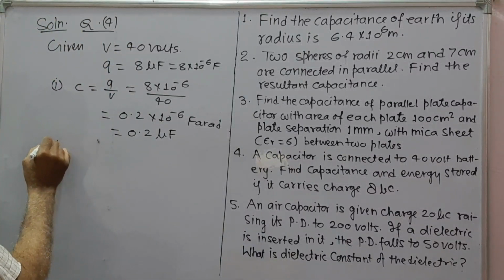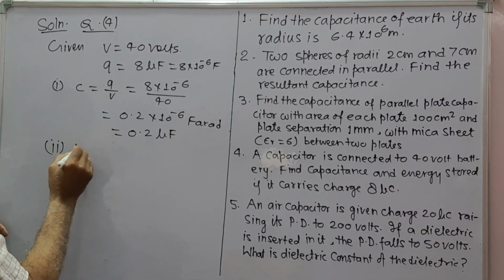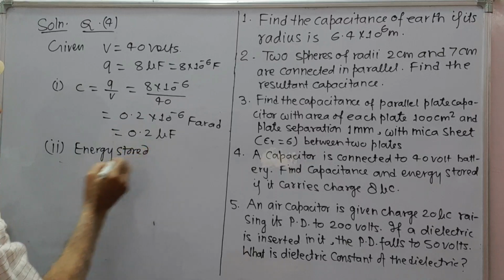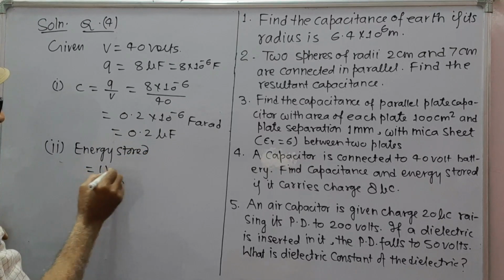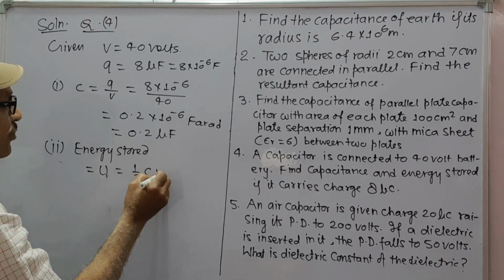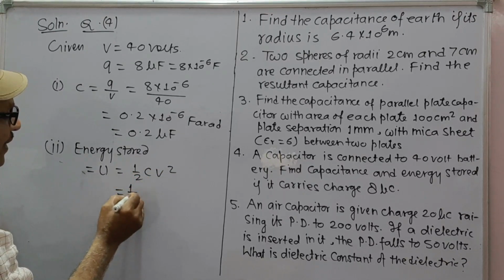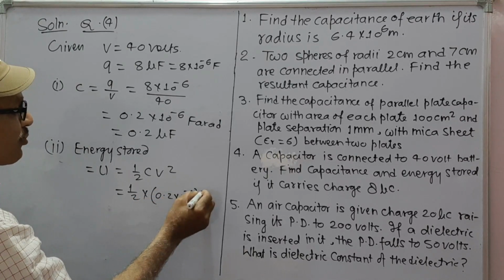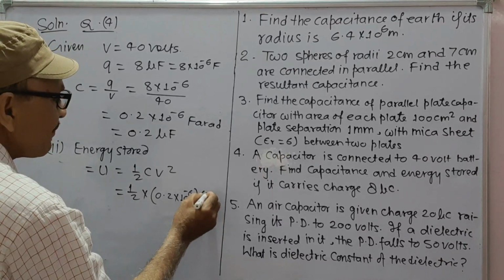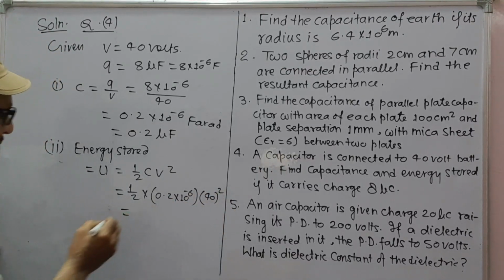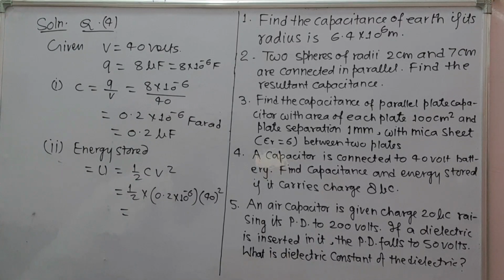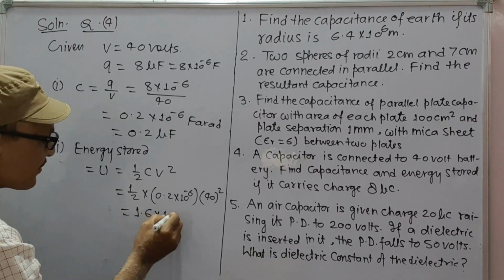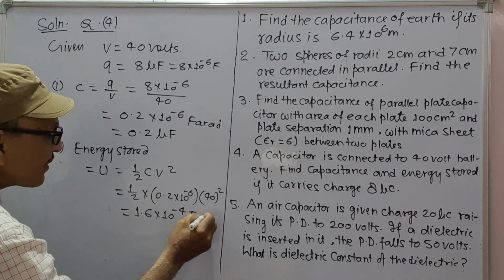And energy stored is equal to U is equal to half C V square, which is 1 by 2, C is 0.2 into 10 to the minus 6, into V is 40 square, which gives energy stored as 1.6 into 10 to the minus 4 joules.